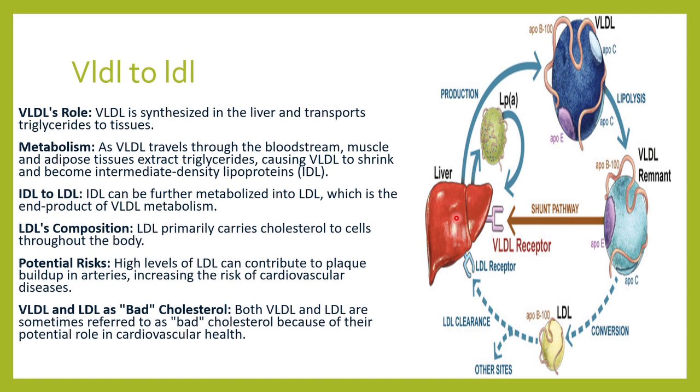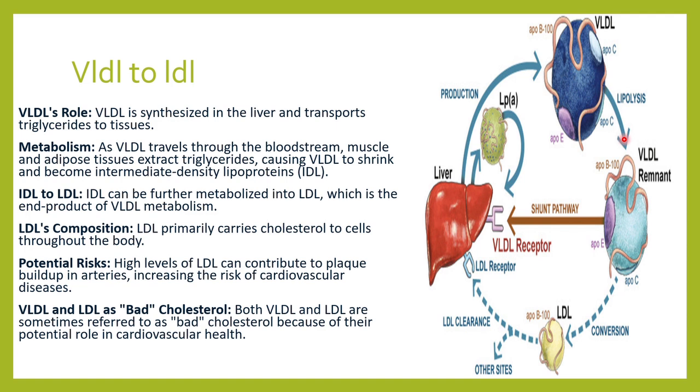It is a lipoprotein, it is a van, it is a carrier which will carry the triglyceride to the peripheral tissues. As VLDL travels through the bloodstream, the muscle and adipose tissue will extract this triglyceride, causing the VLDL to shrink, and then it will become the intermediate density lipoprotein. So VLDL will become IDL.